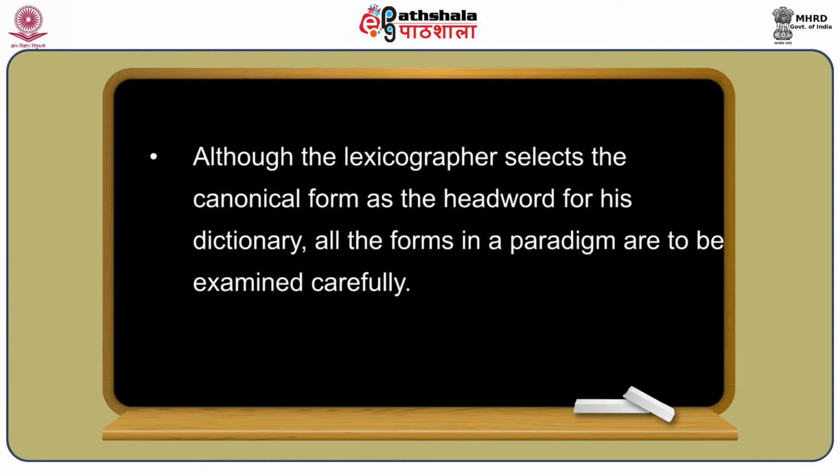The lexicographer selects the canonical form as the head word for the dictionary. All the forms in a paradigm are to be examined very carefully. If there is any form in the paradigm which is irregular and cannot be covered by the general inflectional rules of the language, it is to be given special treatment.